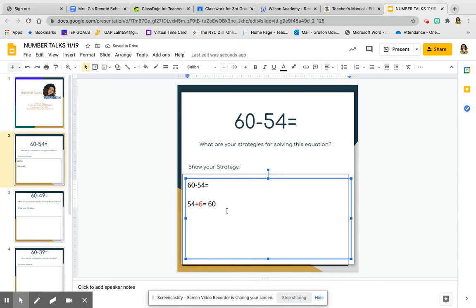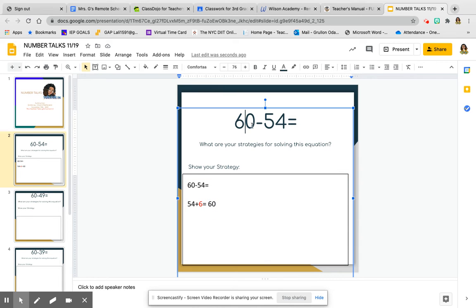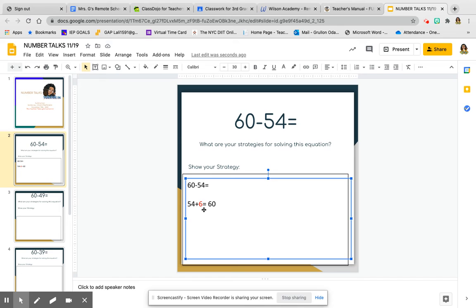And when we are in class, I underline this number so that we can know that that is how much we had to add. And in this case, we've already made it to 60, which is our first number that we have here. So I know that the difference between 60 and 54 is 6. So I'm going to rewrite my number sentence once more. 60 minus 54 equals 6. If that's what you got, great job, mathematicians. Let's move on to the next one.